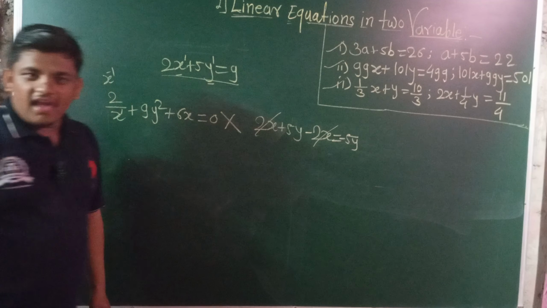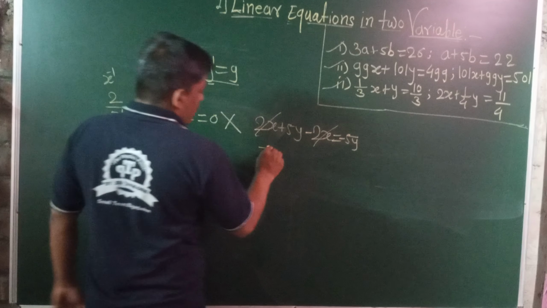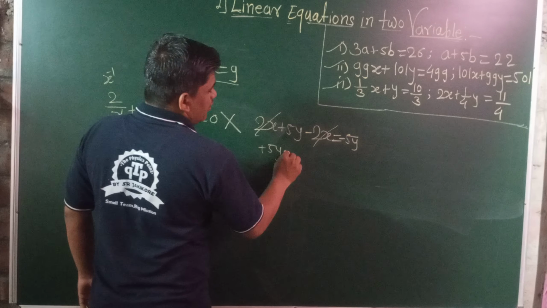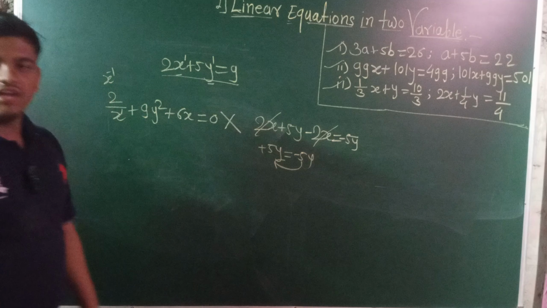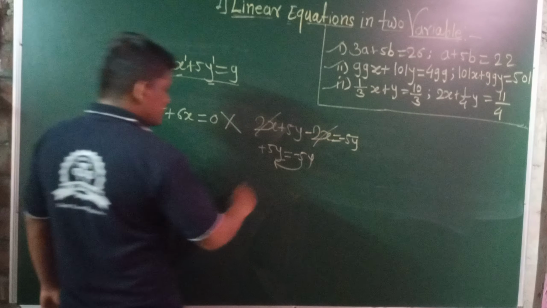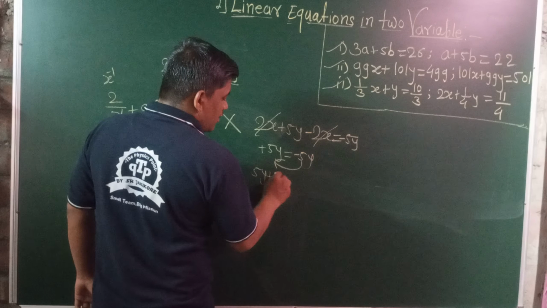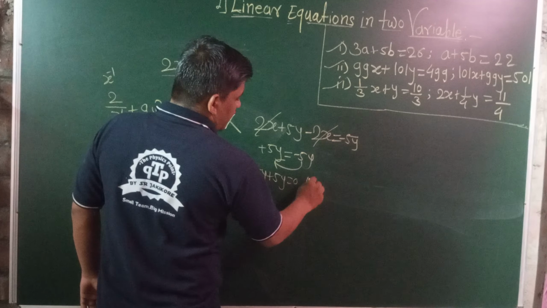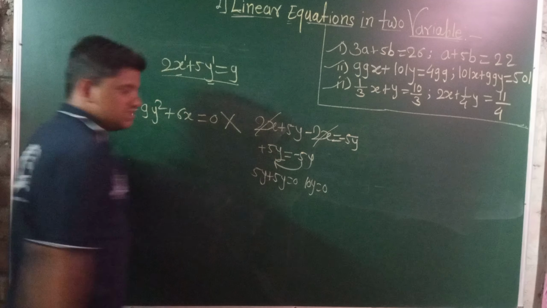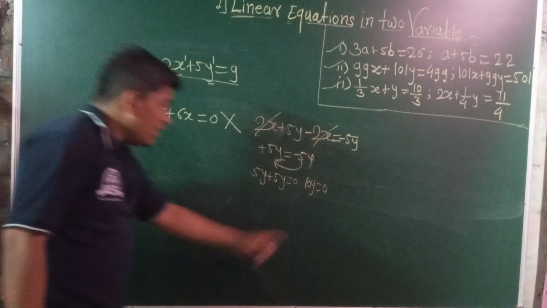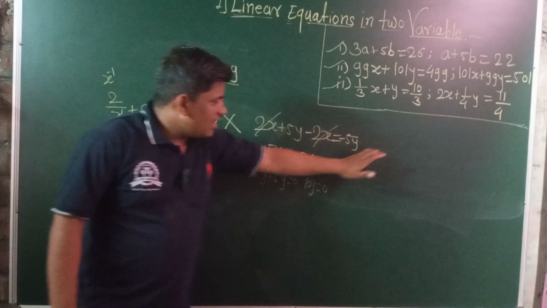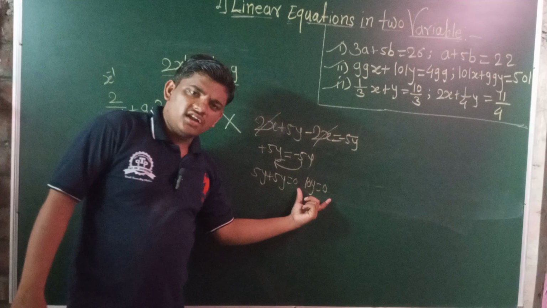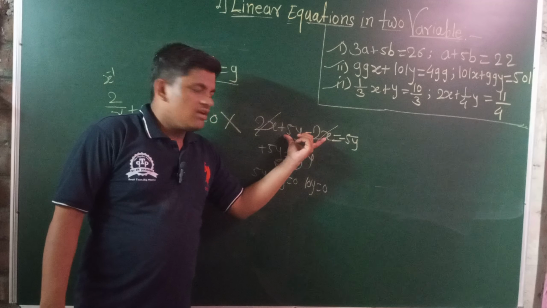2x gets cancelled. That means 5y equal to minus 5y. This minus 5y comes to the opposite side of the equality sign and changes its sign, that is 5y plus 5y equal to 0, that is 10y equal to 0. That means when these equations are modified in these terms, this equation is equal to that equation.